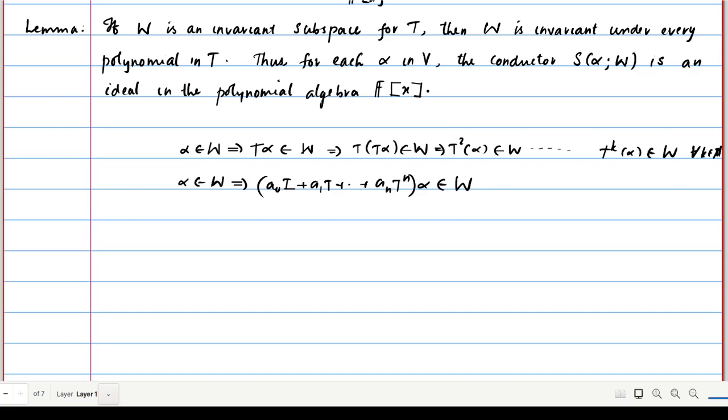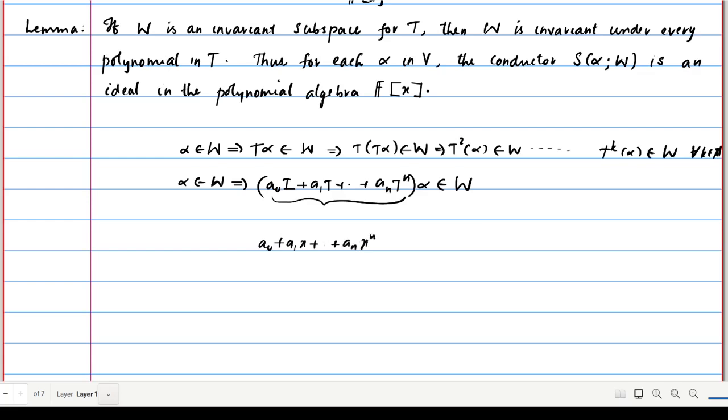Then if you represent this linear operator as a polynomial, the polynomial corresponding to this linear operator is a0 plus a1 x plus etc. plus an x raised to n.